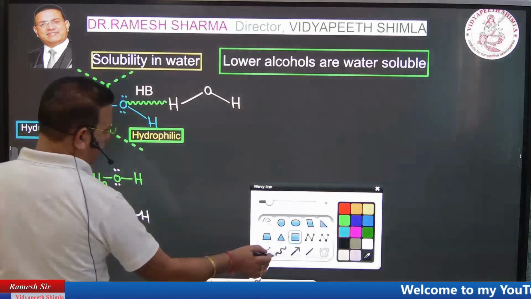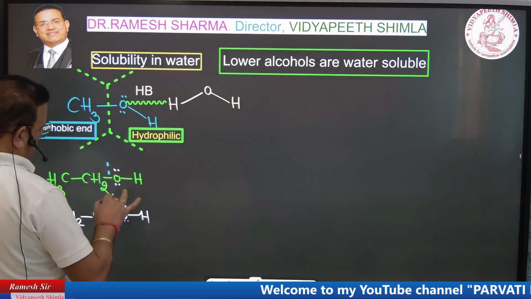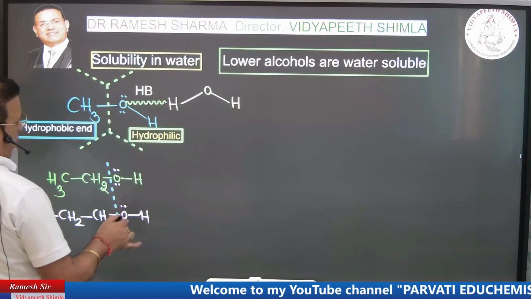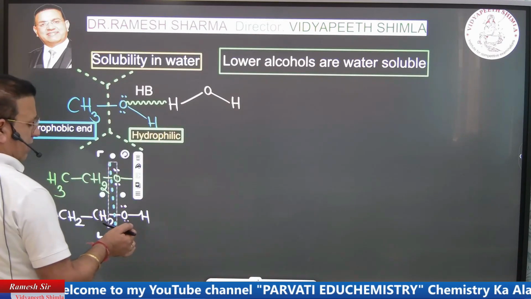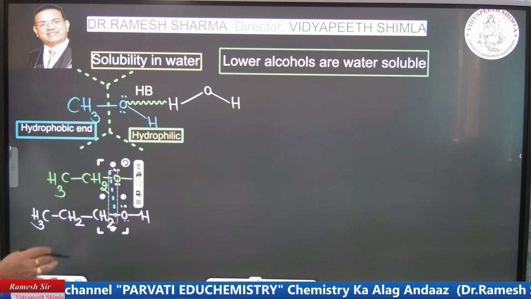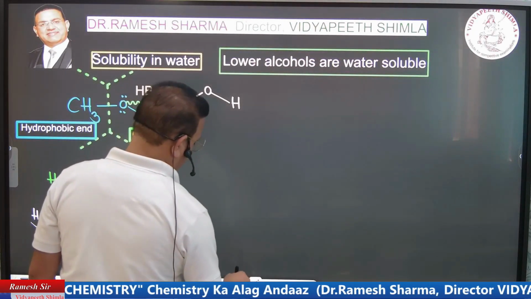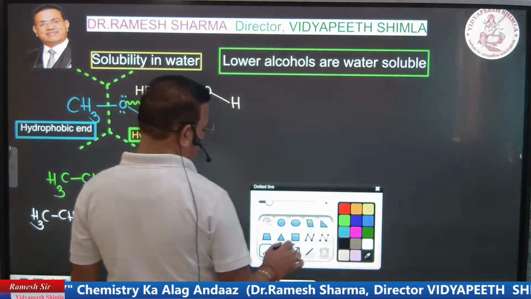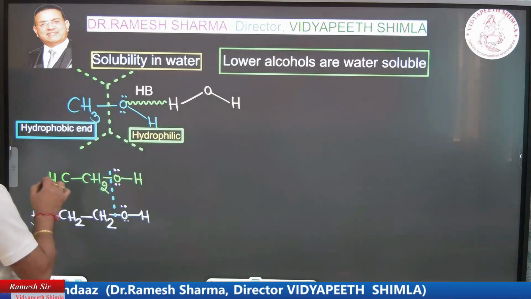So as we are moving from here to here, the hydrophilic end is the same, but the hydrophobic end is increasing.